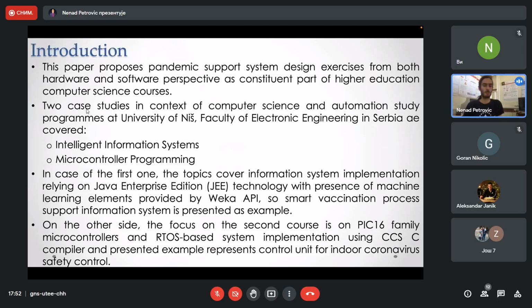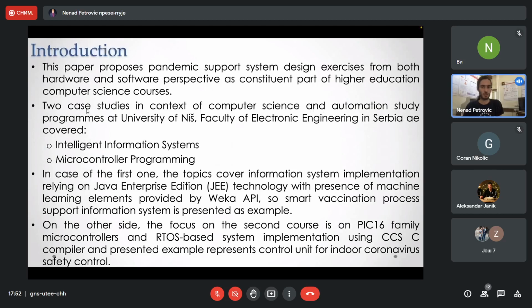One of the topics covered by this paper is the PIC16 family microcontroller together with an RTOS-based system using the CCS C compiler. So now here are several more details regarding the curriculum of both courses.